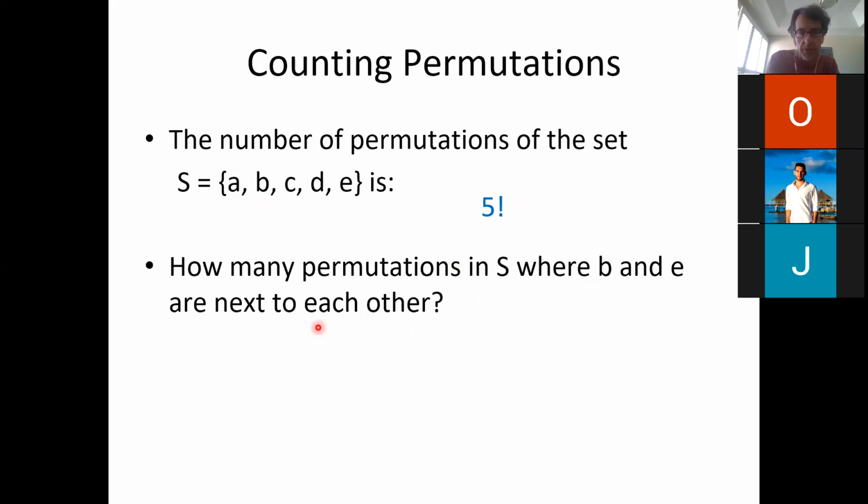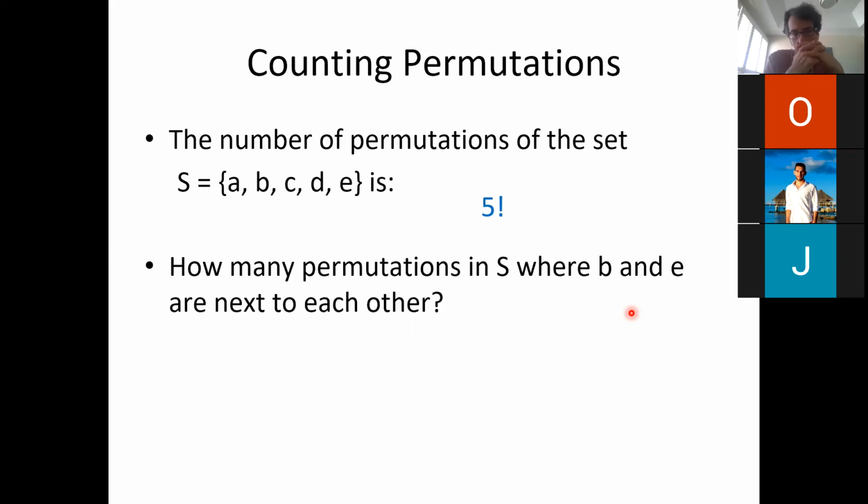But what if I give you this constraint, that I'm looking at all orderings, but with the constraint that B and E are next to each other? The cardinality of S minus 1 factorial, times 2. Why?